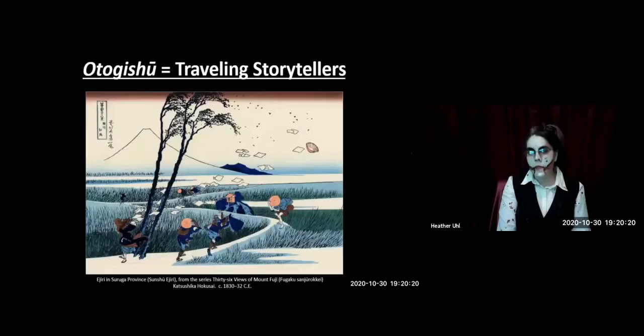Those stories are sometimes told by itinerant wandering storytellers, the otogishu. And those storytellers were sometimes priests, sometimes wandering monks, and they were said to have mystical powers associated with them. Hence, they turn up in the stories again and again until the otogishu become signifiers for, oh, this is kaidan. We're hearing spooky stories because we have a wandering storyteller.